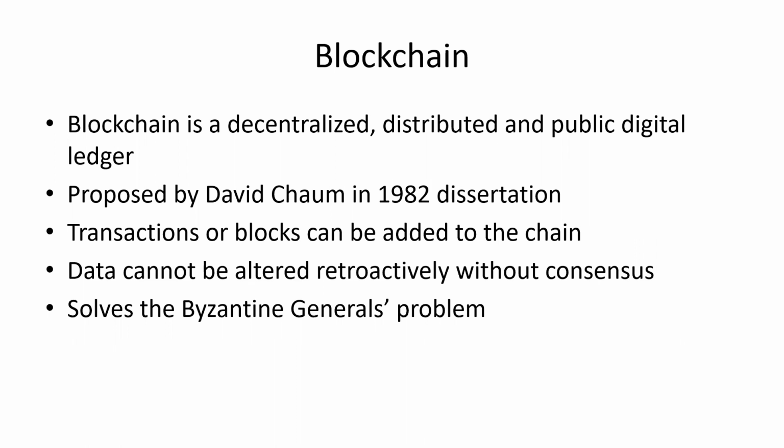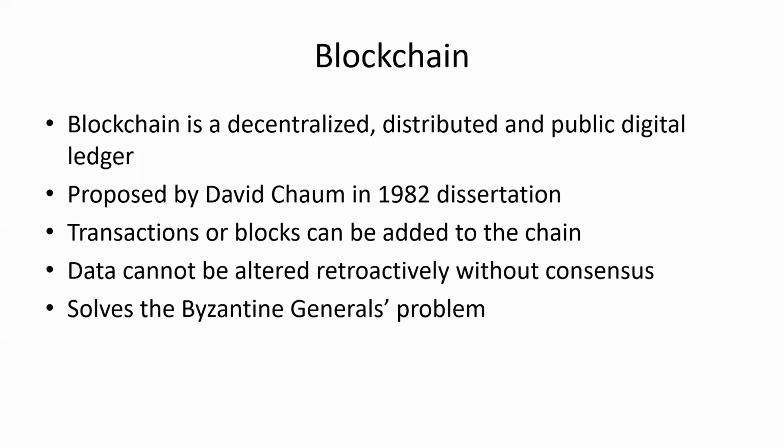Now, if either of the two armies attacks by itself, it'll be defeated. Let's just say there's 1,000 soldiers in each of the two armies and 1,500 soldiers in the evil side. So if they attack individually, they'll be wiped out.